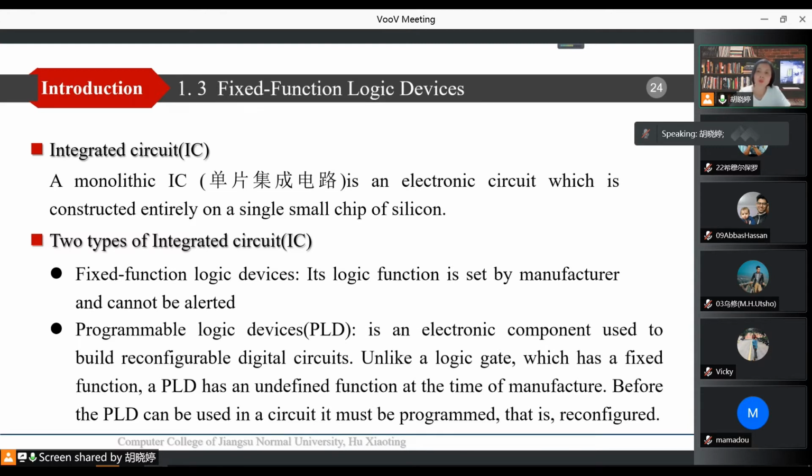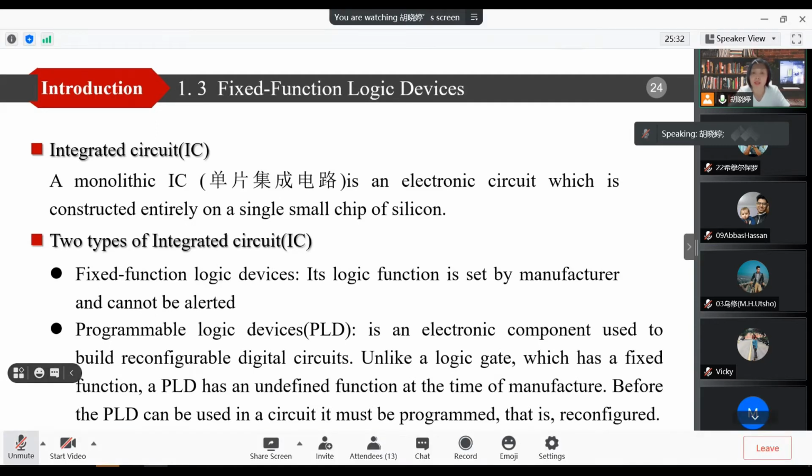So when you get this IC, you cannot change it. You can use it to design some circuit, but you cannot modify its function. Can you understand? That's why we call it the fixed function logic device.